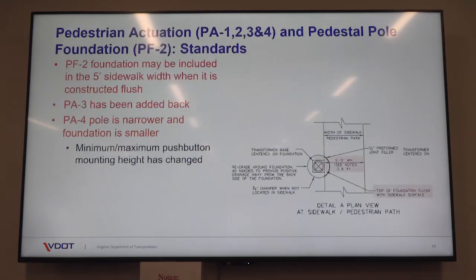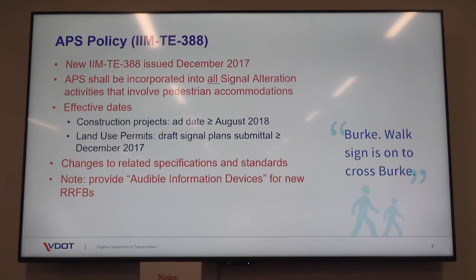So in the APS IIM, at the back there's an appendix, and the appendix has graphics that show when there's traffic signal modifications, exactly which push buttons need to be upgraded, and it's based on where the work is going to be touching and where the different pedestals that the work is going to be touching.